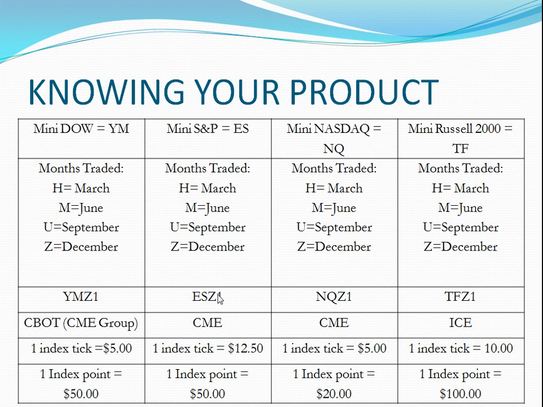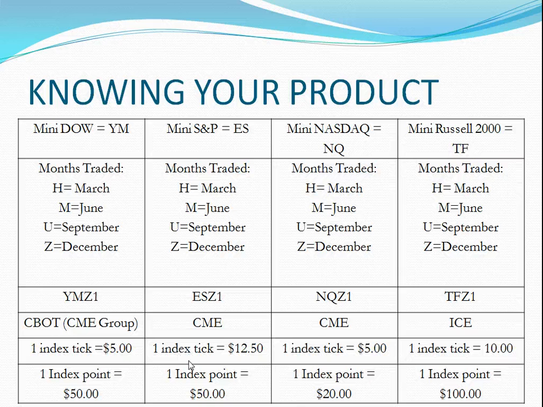Now the actual trade symbol would look something like this. It would be ES, which is the symbol for S&P mini. Z would be the contract month, and of course 1 would signify the year. In this case it would be 2011. So this symbol that we're actually using, because we just rolled into it, is ESZ1, which is the December contract. Now this is actually traded on the Chicago Mercantile Exchange, which is owned by the Chicago Mercantile Group.